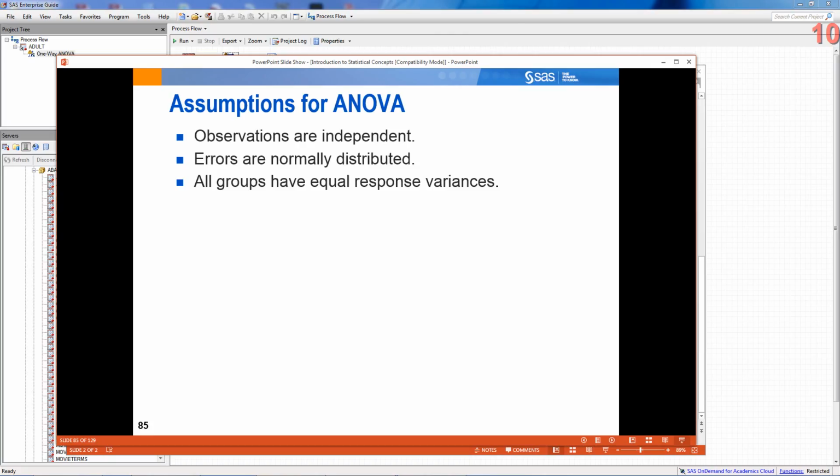In the fertilizer example, if the fertilizers were applied far away from each other, so that one fertilizer does not affect the other, we could say they're independent. Also, the errors, or variations that are unaccounted for, are normally distributed, so they will cancel out, and the variances within each group are equal. So these are the assumptions.